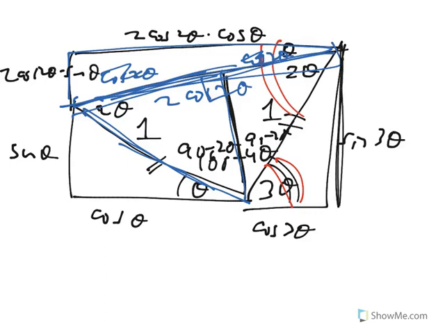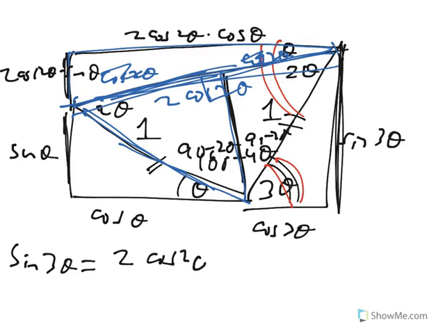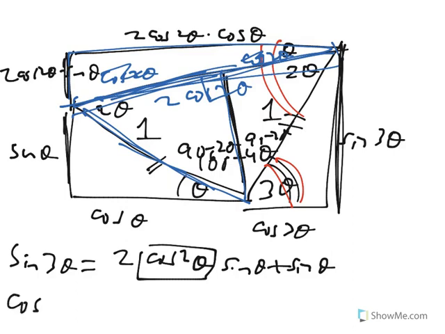Well, if this is sine 3 theta here, it's the sum of those two things. So we can say that sine 3 theta is 2 cosine 2 theta times sine theta plus sine theta. And if I replace this cosine squared with 1 minus sine squared, I end up with the formula that we saw before.